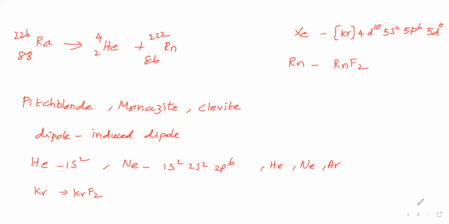Then we will see xenon compounds preparation. We take xenon in excess and fluorine. Temperature provided is 673 Kelvin, pressure is 1 bar. Xenon difluoride is produced.